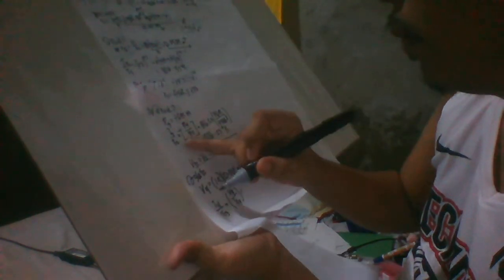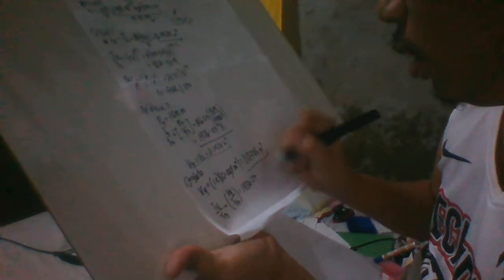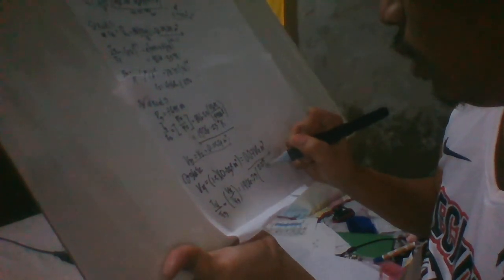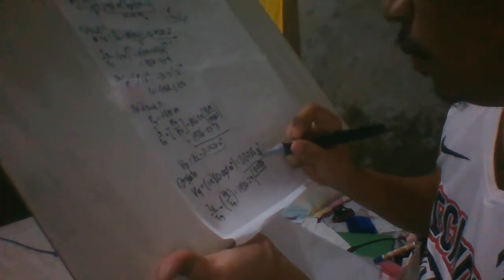Temperature by the relationship again, T4 over T3 equals V4, volume 4, over volume 3. So transposing, temperature 4 is 1406.23 times volume 4, which is 0.0786, over volume 3, 0.0524.